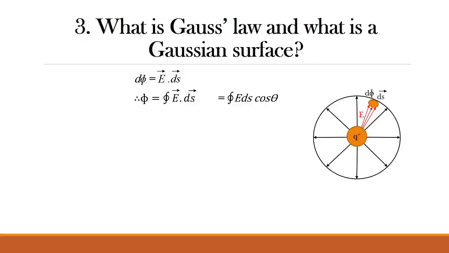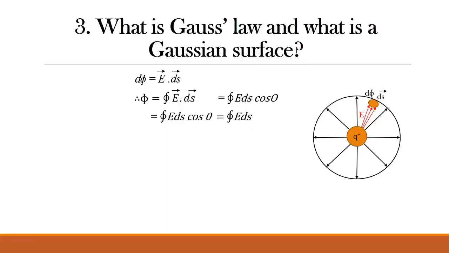That is phi equal to closed integral E ds cos theta, equal to closed integral E ds cos 0. Here the angle becomes 0 because the direction of the electric field and the area vector are the same, hence the angle becomes 0 degree. The value of cos 0 equal to 1, hence phi equal to closed integral E ds.